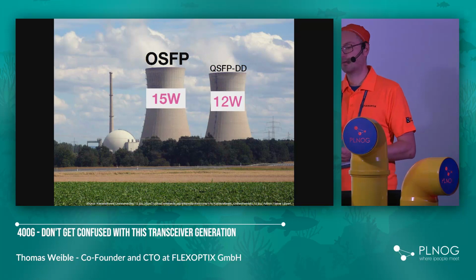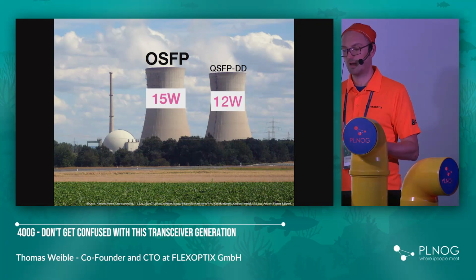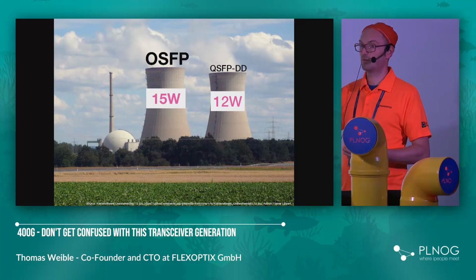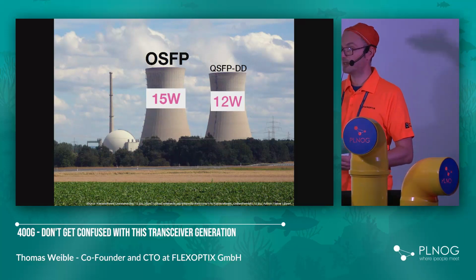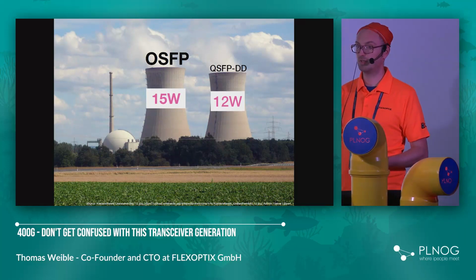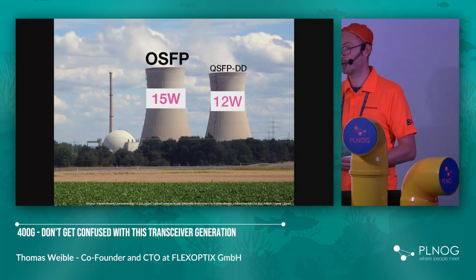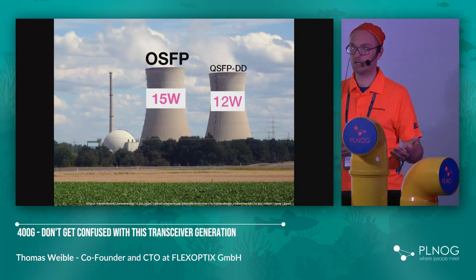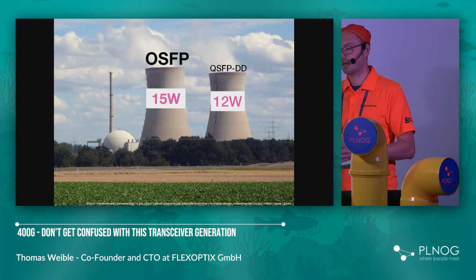What kind of technologies are interesting? Beyond 30, 40 kilometers up to 80 kilometers, thinking about coherent DWDM running on a single lambda, 400 gigabit or even 100 gigabit, it doesn't matter.